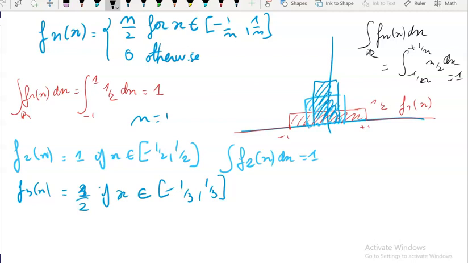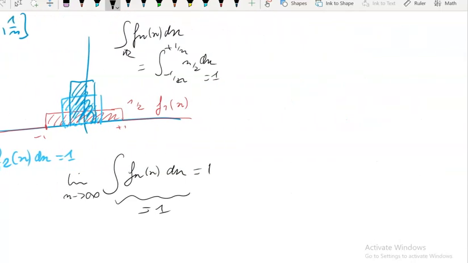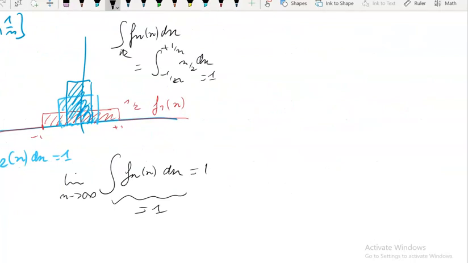So what is clear is that the limit as n tends to infinity of this integral is going to be 1 because for all n, that integral is equal to 1, right? My problem is that now if I'm looking at the limit, you see we are decreasing the support of the function, so the support is where it's non-zero.